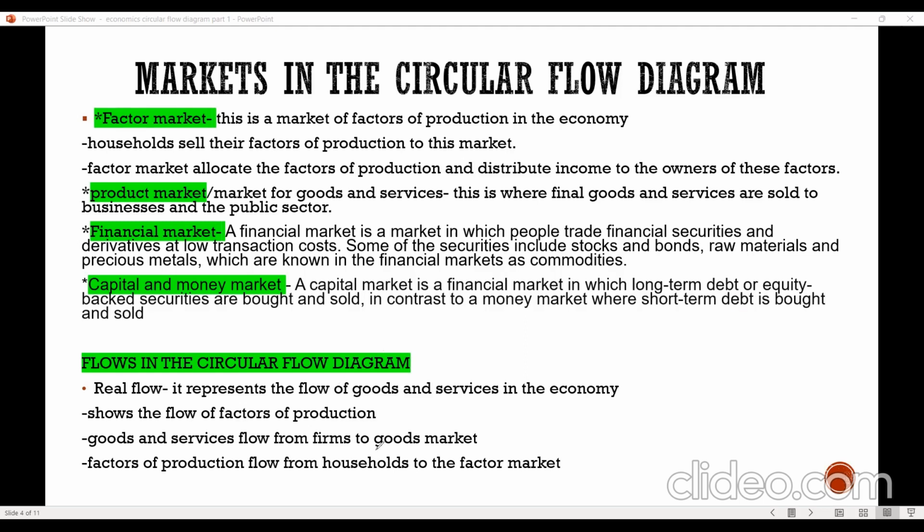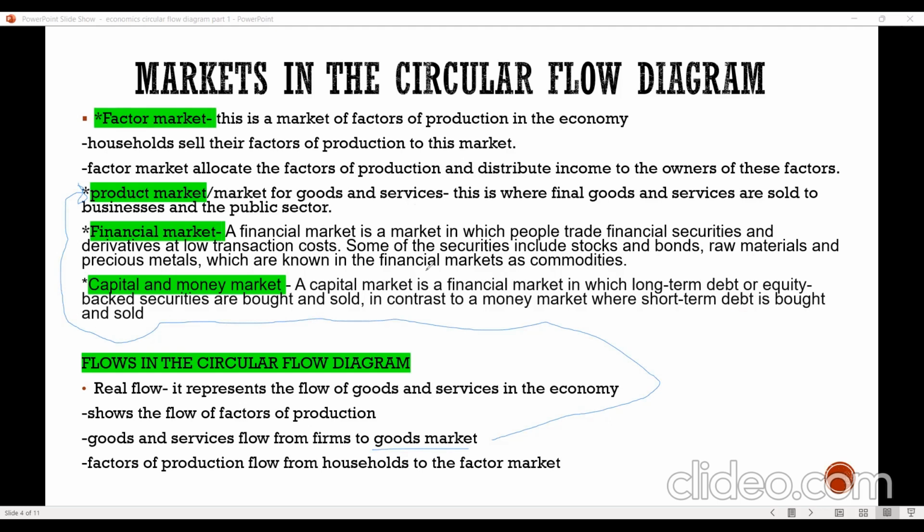When we talk of the goods market, it is also known as the product market, also known as the market for goods and services. More like synonyms. Now, goods and services flow from firms to the goods market.